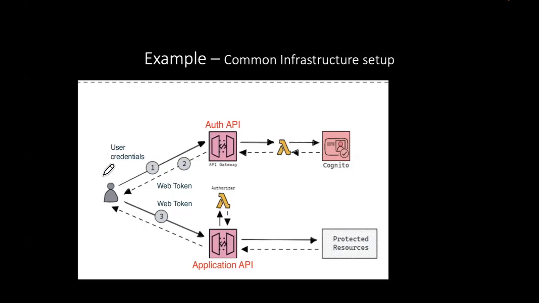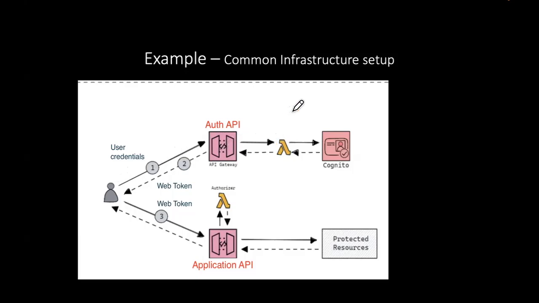And the flow then from the client's perspective is clearly you first of all need to log in. So you provide your user credentials, your username and password. That's a standard kind of HTTP request to this web API. It will proxy that on to a Lambda.